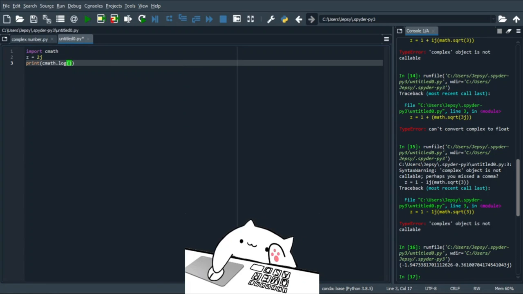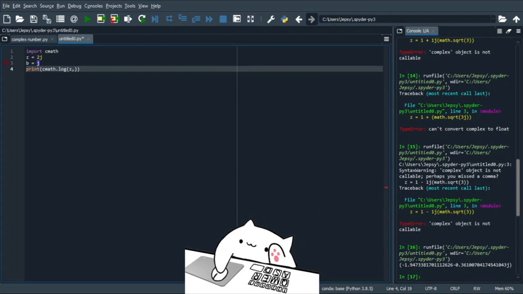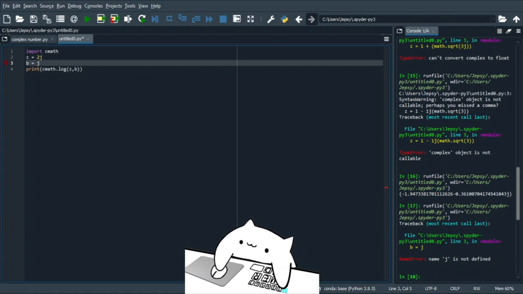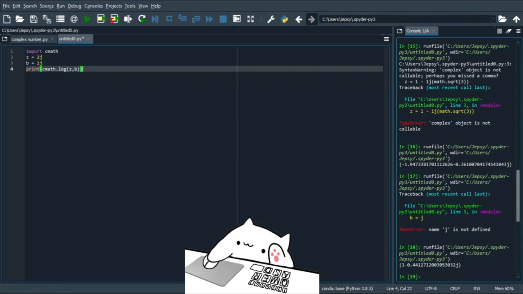So our x is z, and our base, let's say b, is equal to j. So z comma j. Meaning your z is your x and your base b is your j. So that's F5. Oh, j is not defined. Oh, so I'll put 1j. Let's run again. And our answer here is 1 minus 0.44j.